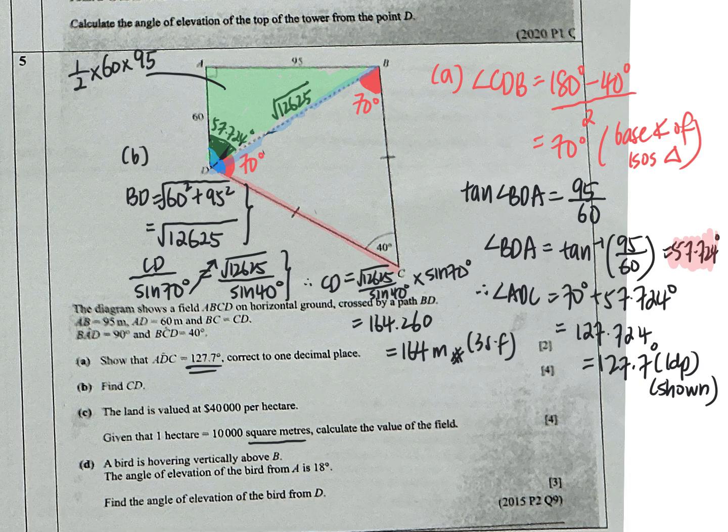But the yellow area, you can also find it by using half AB sin C. So how to find this area? Oh, I don't have all the lengths, right? Do I have one length? Oh, I have. This is 164.260.